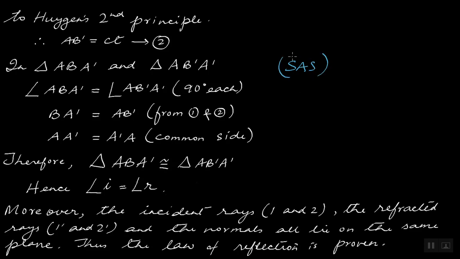Okay, S means side, angle, side. So here you have one pair of sides, one pair of angles, and one pair of sides. So this means that the two triangles are congruent to one another. And what did I tell you? That if the two triangles are congruent to one another, then they are equal in size, equal in shape.